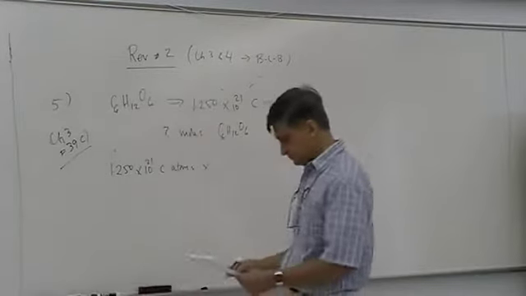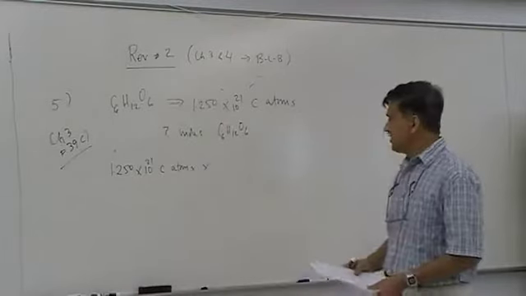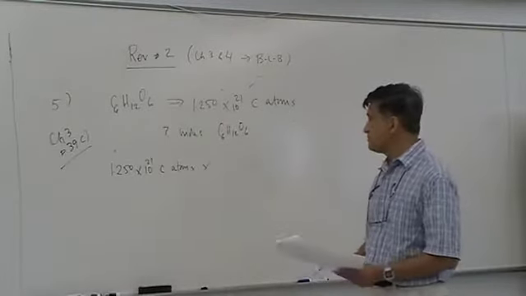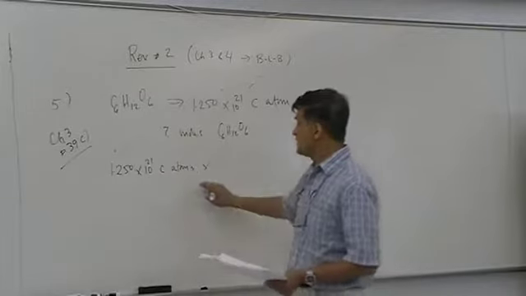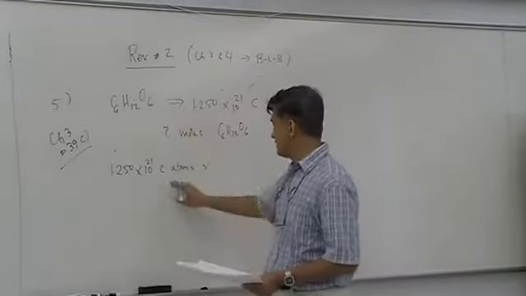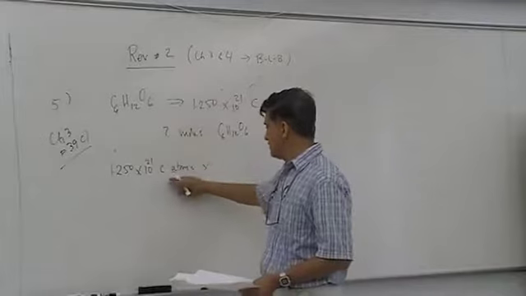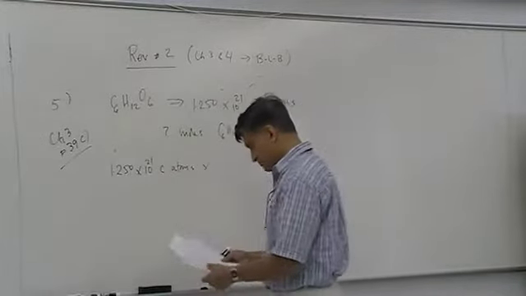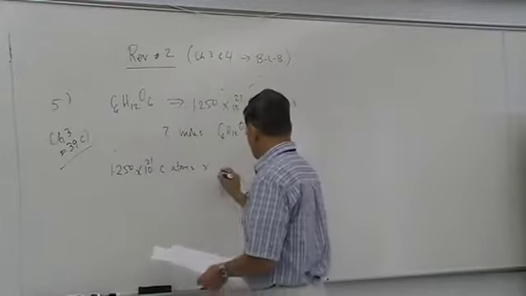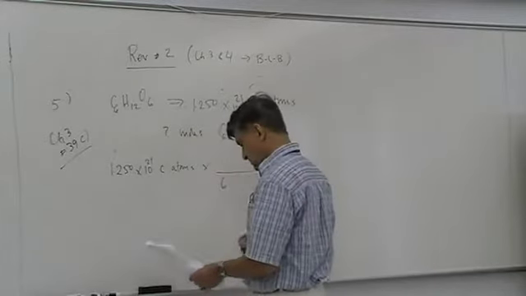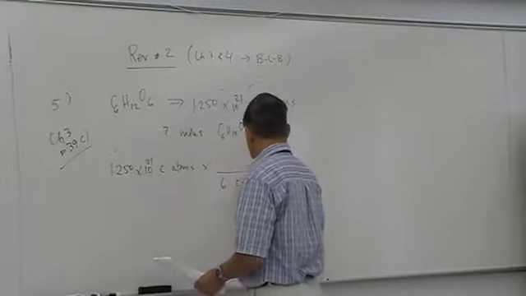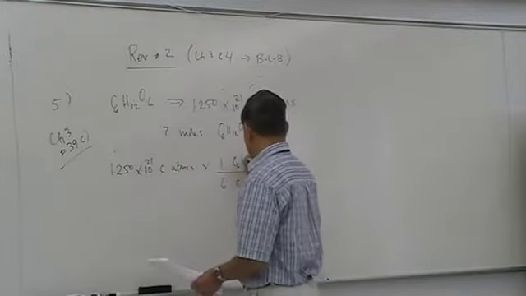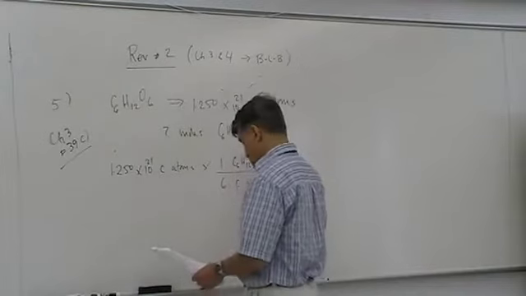times, I need to find out how many moles of atoms, or how many molecules of C6H12O6 I have when there are that many carbon atoms. Either way you can do it, that'll be right. But here I'm going to show you there's 6 C atoms per C6H12O6 molecule.